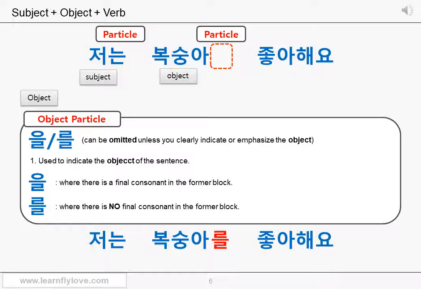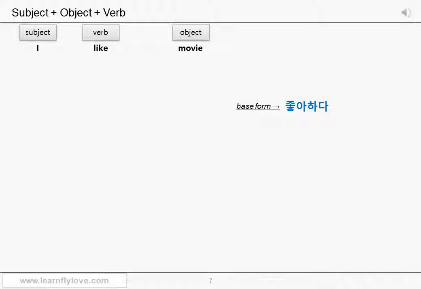Now you'll be able to make hundreds of sentences based on this basic structure, subject plus object plus verb, if you know the verb and the noun that you want to use. Let's see some examples and I'll wrap up this lesson. I told you the object particle can be omitted, not used, but let's keep using it here for practice purposes.